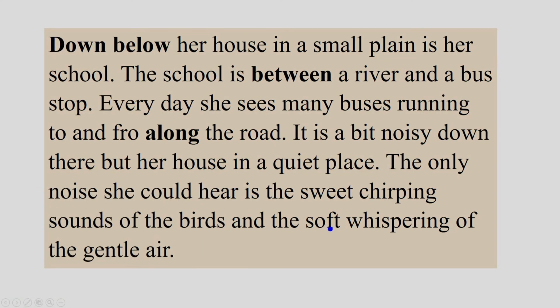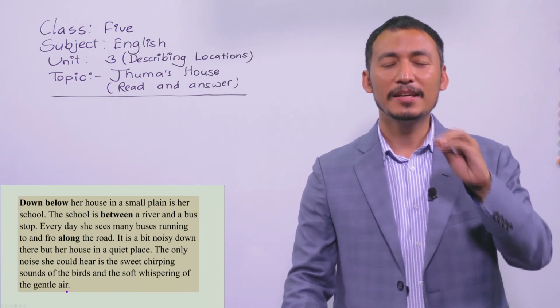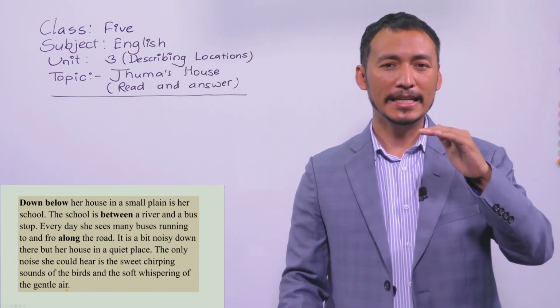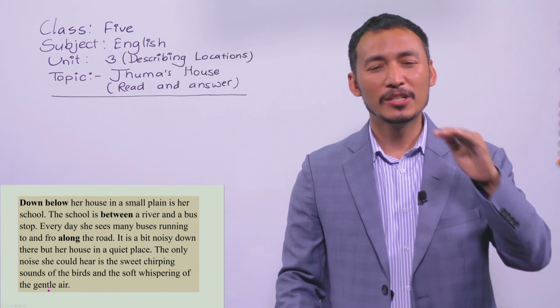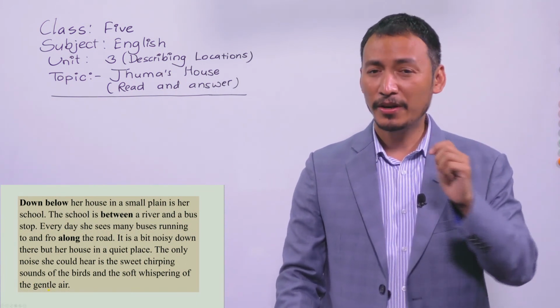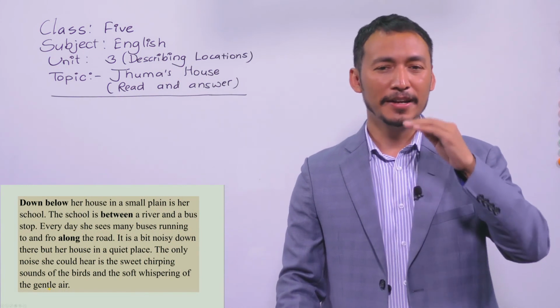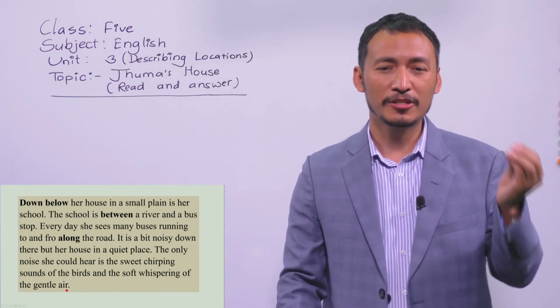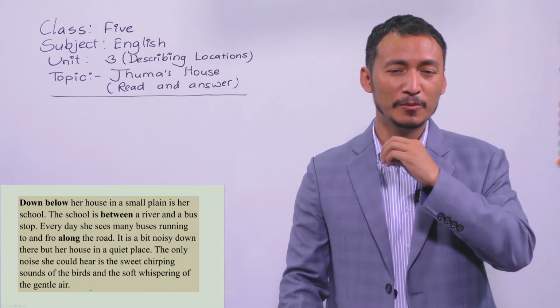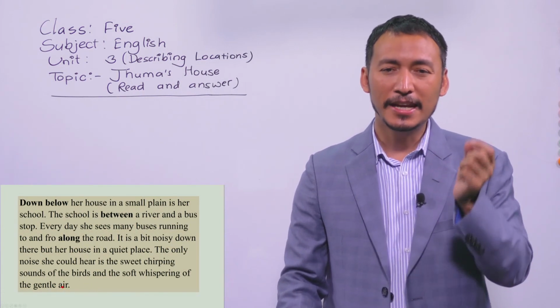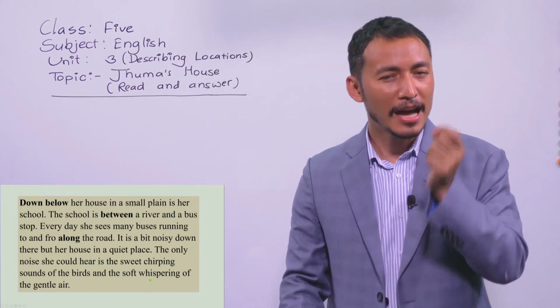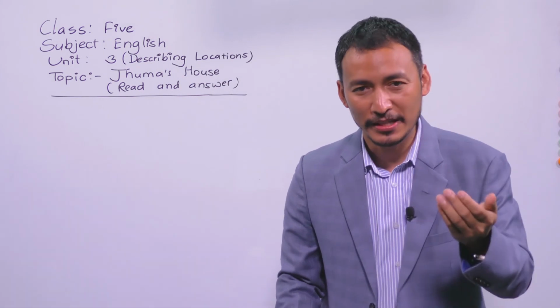And there is another sound, the soft whispering sound of gentle air. When the air is gentle, it is slow and pleasant. When it is strong, we call it wind. When it is gentle, it is kind of soft air or soft wind. So we call it gentle air, and it makes a sound that is kind of whispering.